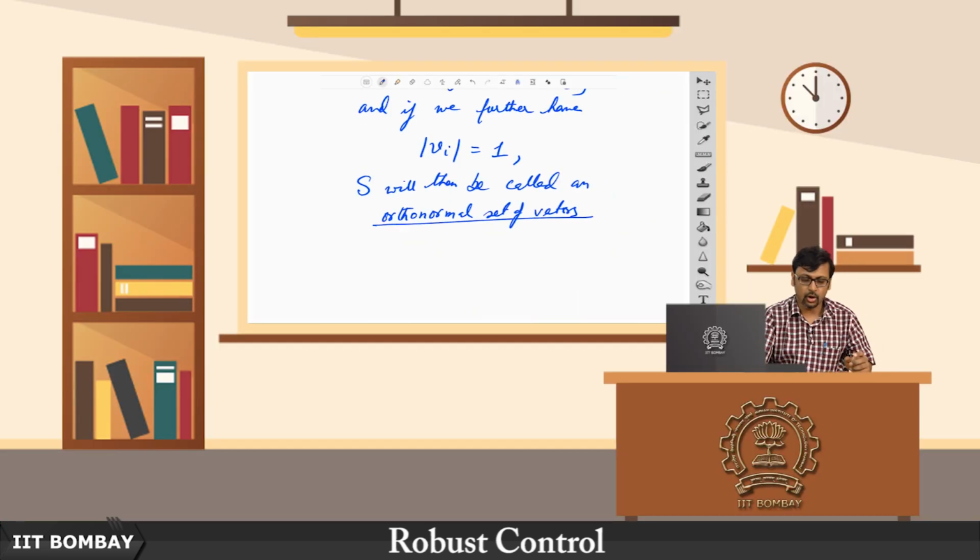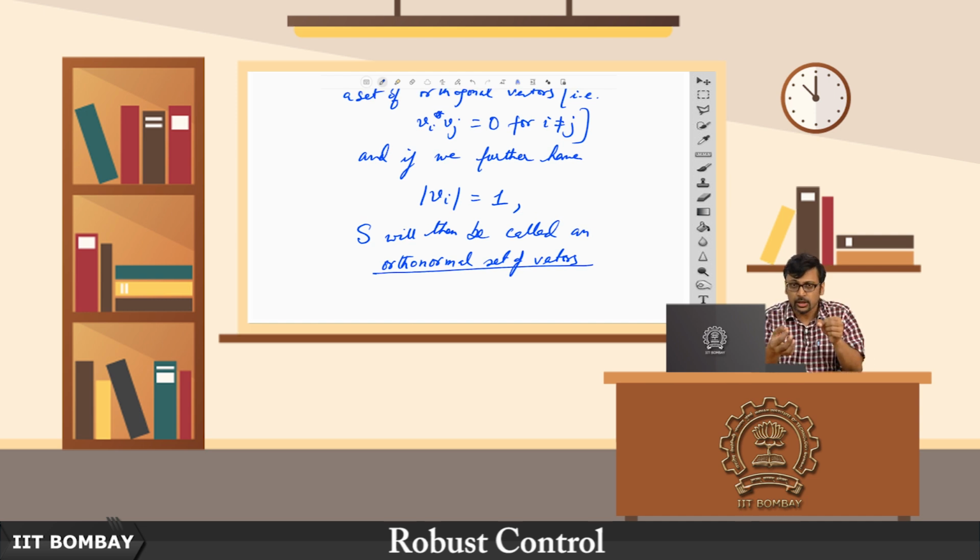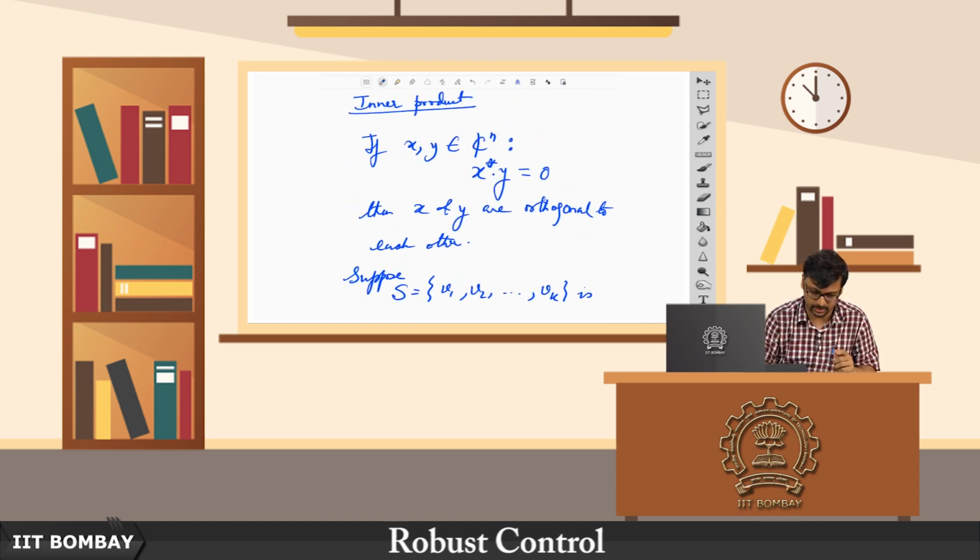So, they are not just orthogonal, but because their individual norms are unity, they are going to be called an orthonormal set of vectors, okay.